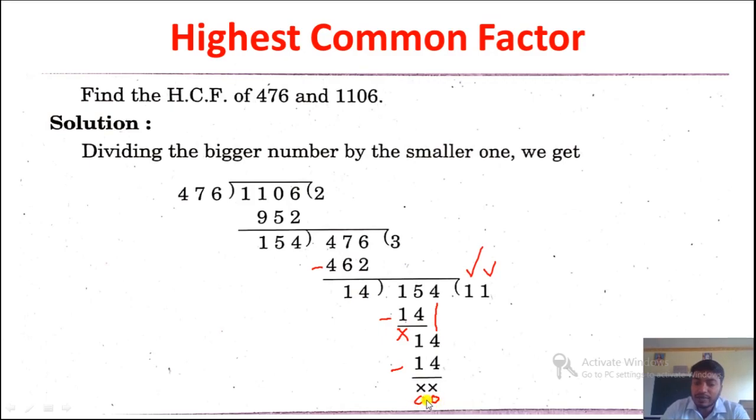So this 14 will be the HCF of 476 and 1106. This is the last divisor giving the remainder 0, that's why this is the HCF of 476 and 1106. Clear?